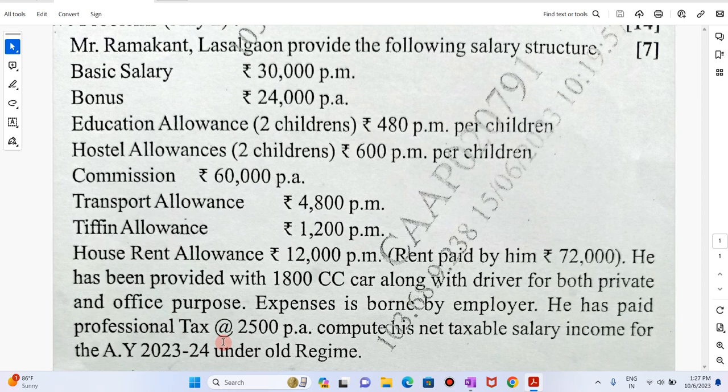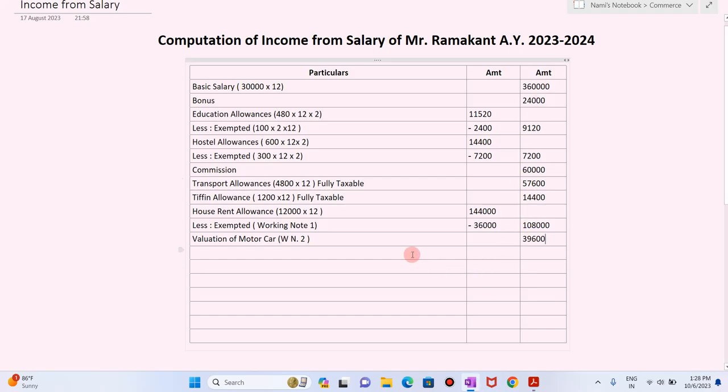Okay. Now next is he has paid the professional tax, 2,500. So 2,500 we have to less under deduction under section 16. Okay. So here now next we have to find the gross salary. Now add all the values which are given in the outer column. So gross salary is how much? 6,79,920.